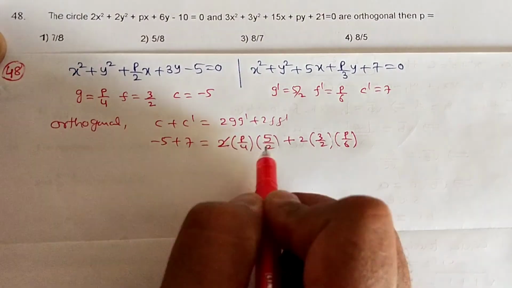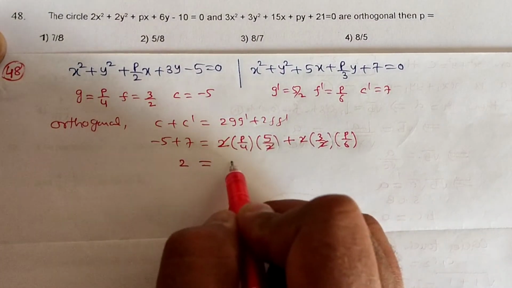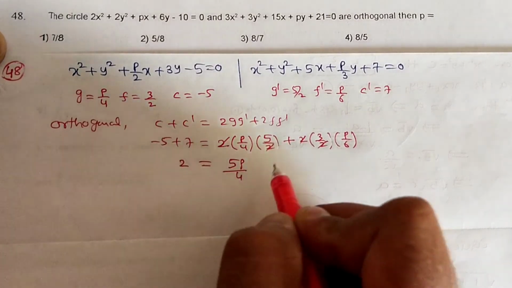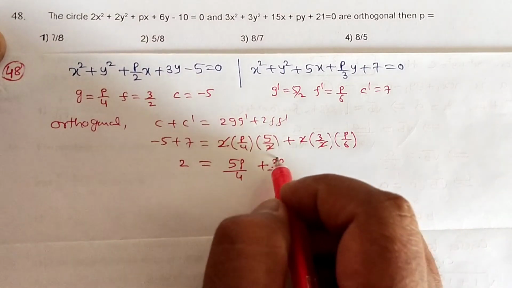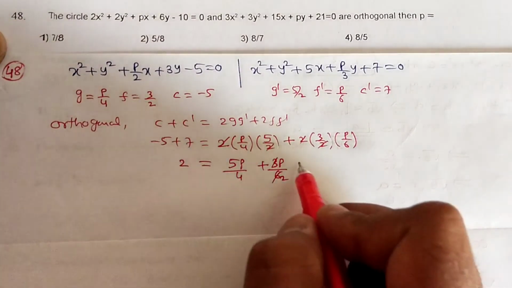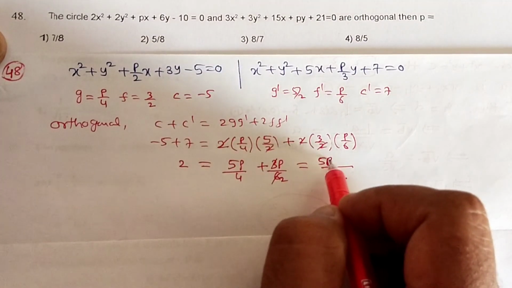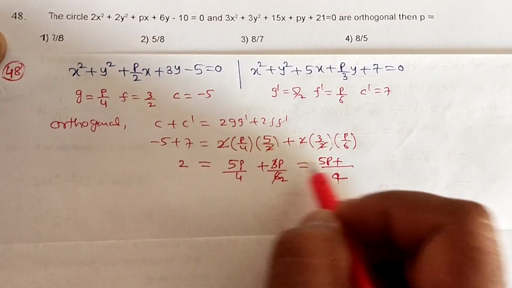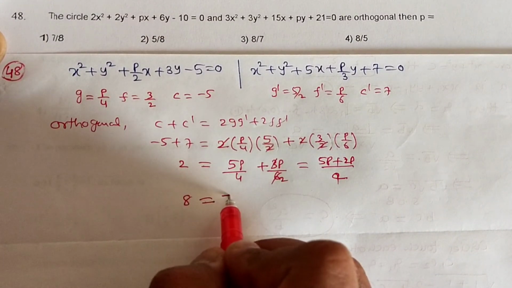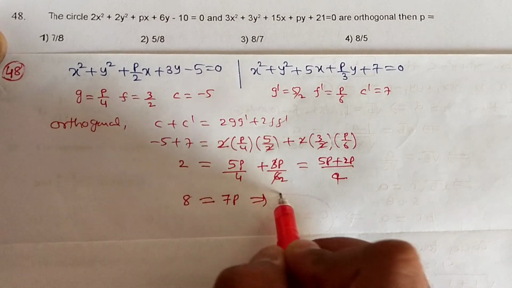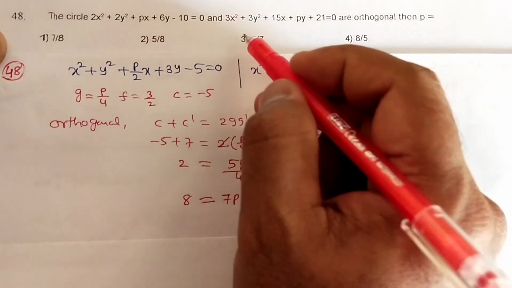Here the 2s get cancelled. 2 equal to 5p by 4 plus 3p by 6. Take the LCM, 12. So 24 equals 15p plus 6p, which gives 7p. That implies p equal to 8 by 7, which is there in the third option.